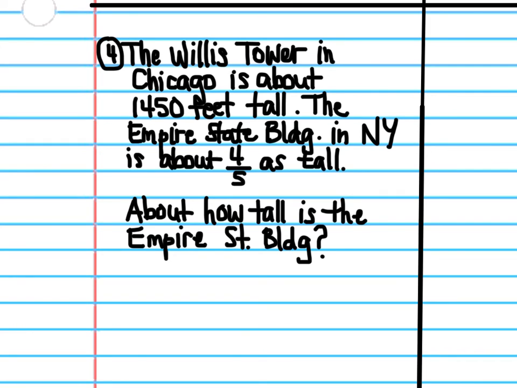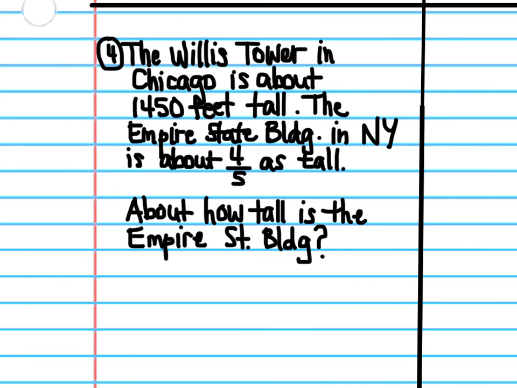Let's take a look at problem 4 on the lower left corner of your notes. Copy the problem down, and press play when you're ready to continue. For number 4, the problem is: the Willis Tower in Chicago is about 1450 feet tall, and the Empire State Building in New York is about 4/5 as tall.